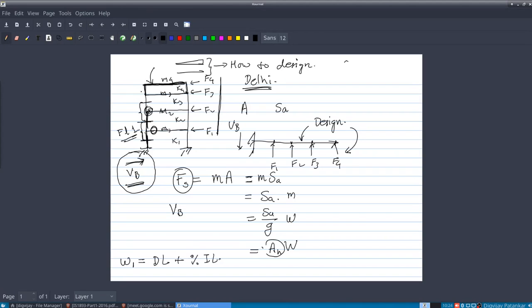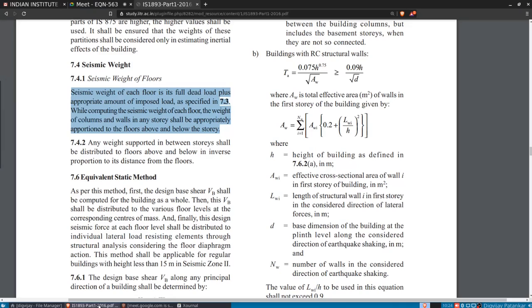And that way the last part you can see only this much, so half of the column will be added to this weight. So that way we can find out seismic weights W1, W2, W3, W4, and then combine everything, you will get the total seismic weight of the building. So that's what the clause tells us.